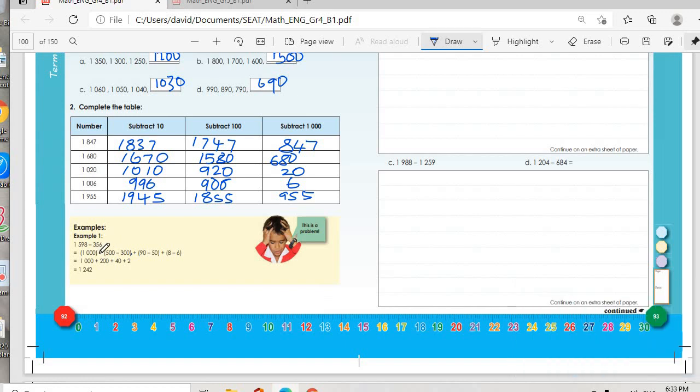So 1,000 had to go down alone. Then 500 is going to subtract 300. Then 90 is going to subtract 50. Then 8 is going to subtract 6. That's what you have there. So at the end, we have 1,000 plus 200 plus 40 plus 2. Then we get 1,242. Okay.